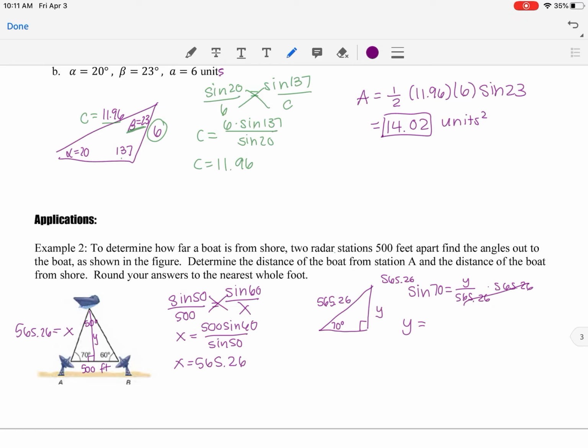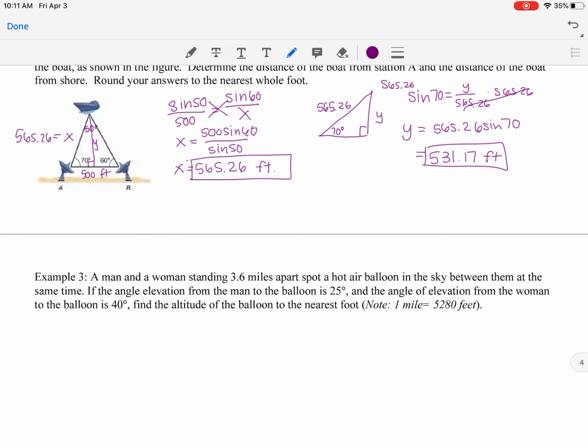So y equals 565.26 times sine of 70, which gives that y equals 531.17. In this case, they were talking about feet, so that label will be the same throughout.